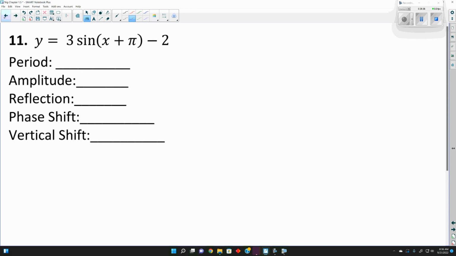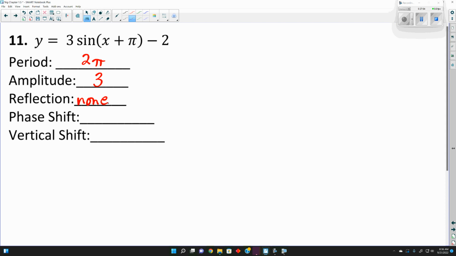So this here is the last one we'll look at. So what's the period for this one here? 2 pi, because we don't have a number in front of x besides 1. So we'll just have 2 pi over 1, which is just going to be 2 pi. The amplitude is 3. And again, we don't have a reflection.